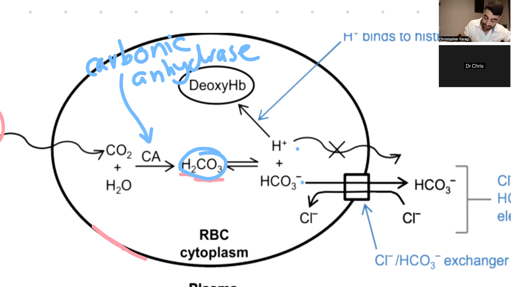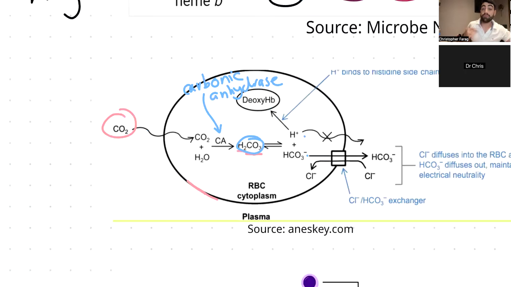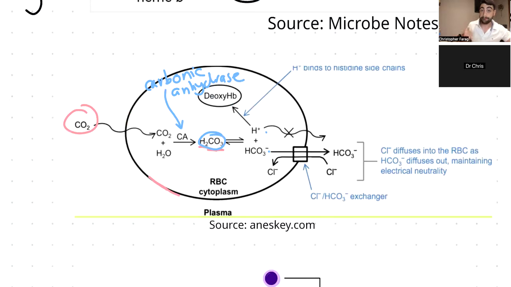Now that bicarb can essentially be ejected via this transporter in something called the chloride shift. But this bicarb can then be used as a base and therefore buffers our extracellular fluid, buffers our blood, because the more bicarb we have, the more that can react with H plus, and therefore the more basic or alkaline our blood can be.